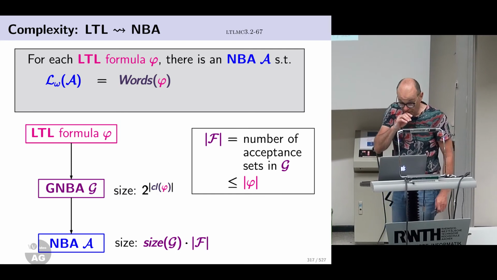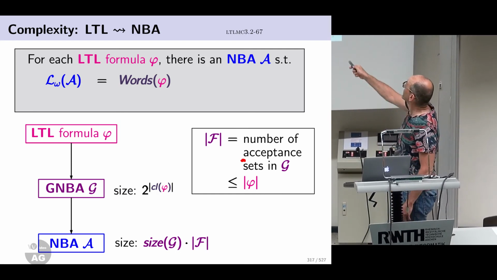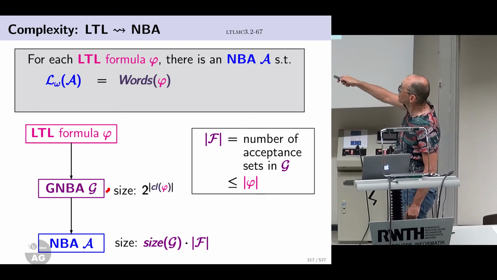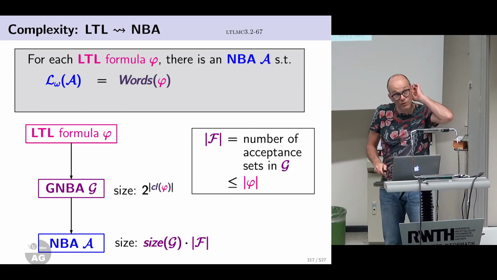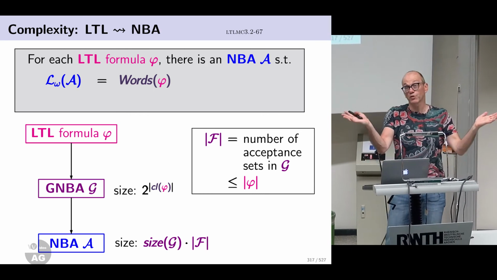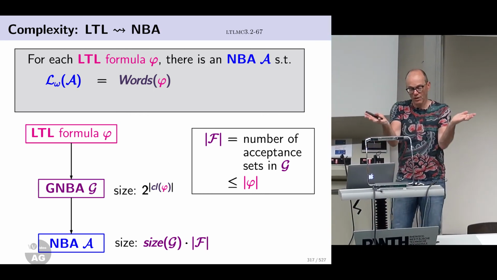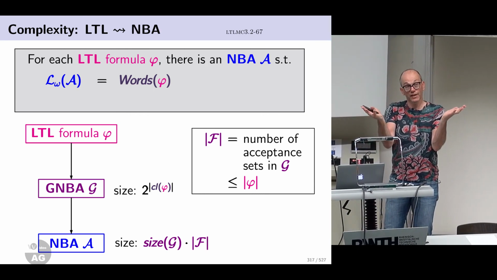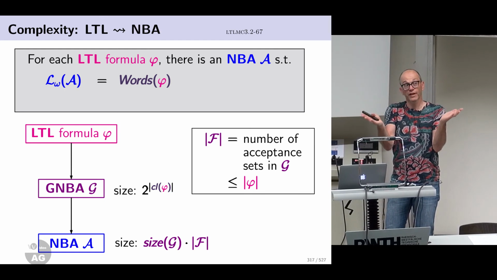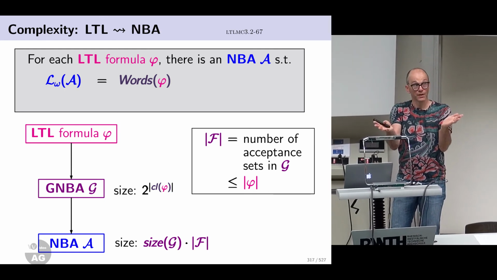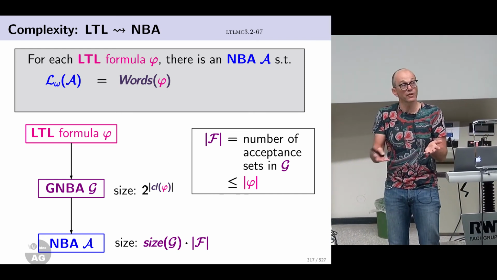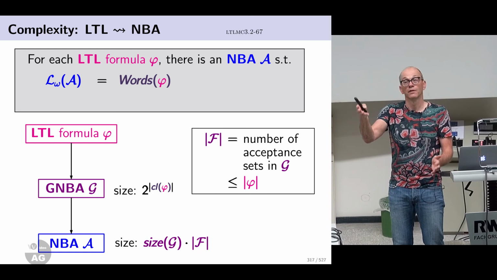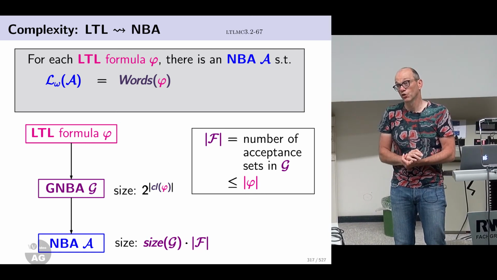Good. So that means the size of this automaton is actually 2 to the power the closure of phi. Why do I get the 2 to the power of the closure of phi? Well, we take the closure, which were the subformulas, and then we take elementary sets. So we take subsets of the closure. This was already pointed out in the previous lecture. How many subsets can you take? 2 to the power the cardinality of the closure.